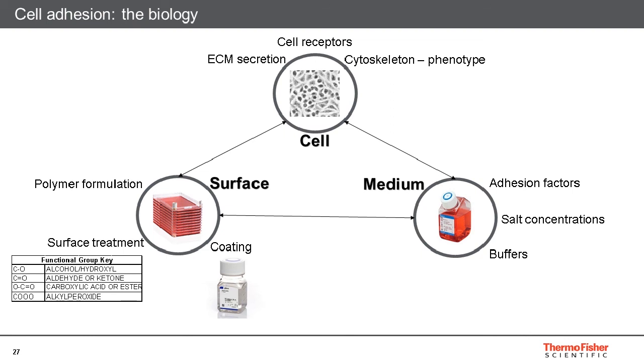It can have specific adhesion factors already present when supplemented with serum. For adherent cell culture, salt concentration is important, notably for calcium or magnesium, which can have an important effect. And for 2D adherent cell culture, special attention should be put on the buffer system.